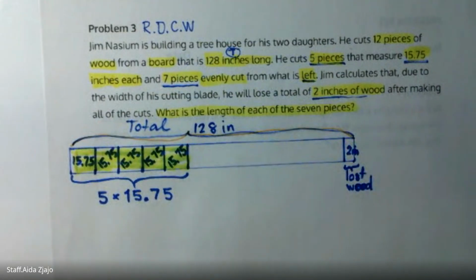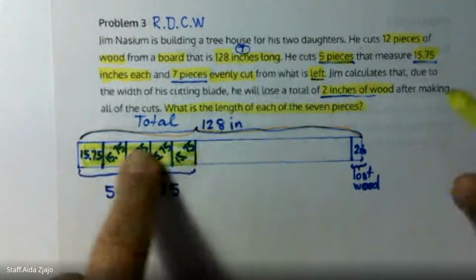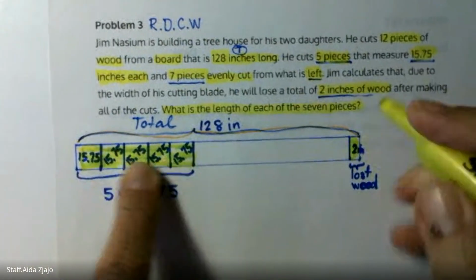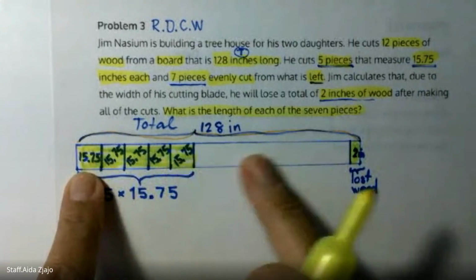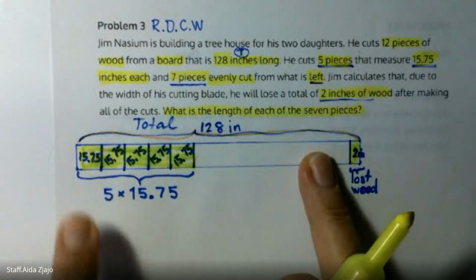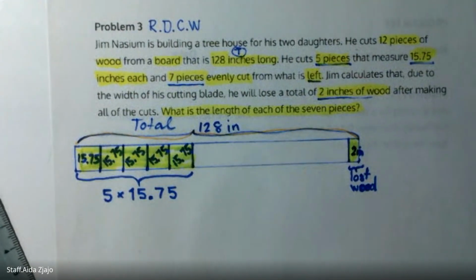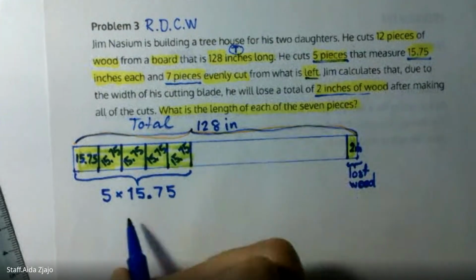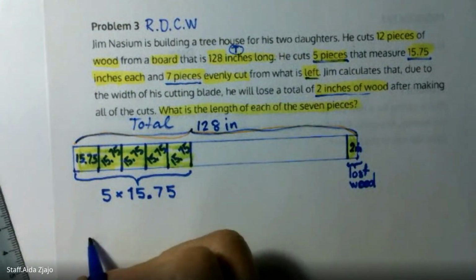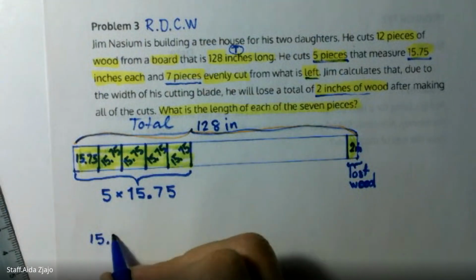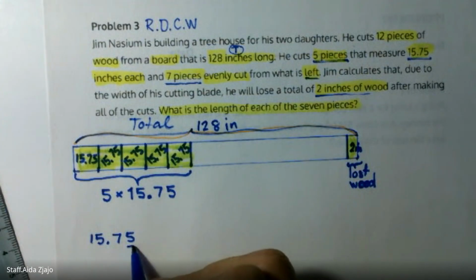If we take what we know, the 2 and this part here, we will have how much of the board is left. So let's do the first thing. We're going to do 15.75 times 5.